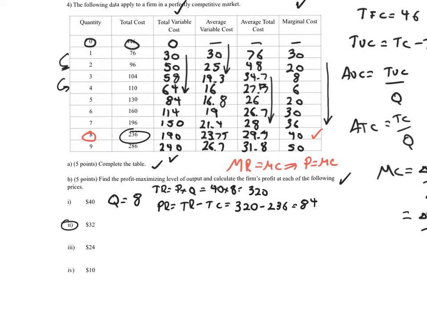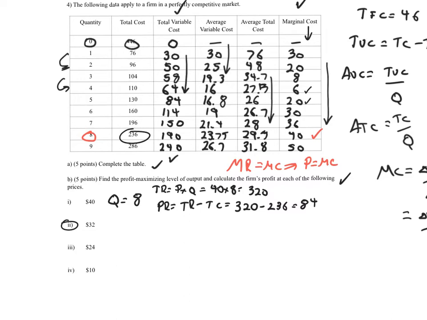Next, we have a price of 32, and if we look down our marginal cost column, there is no such 32. We know we're going to continue to produce more as long as the marginal revenue is greater than marginal cost. So if we start at the bottom, the price is 32, that's greater than the marginal cost, so we produce the 4th unit.